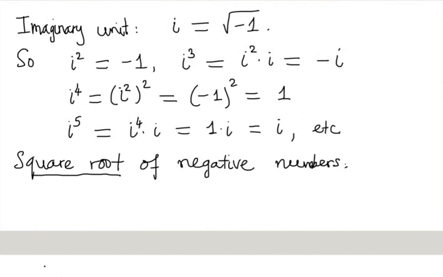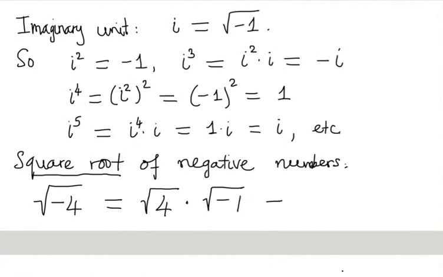So for example, if we have square root of -4, then we may split as square root of 4 times square root of -1.